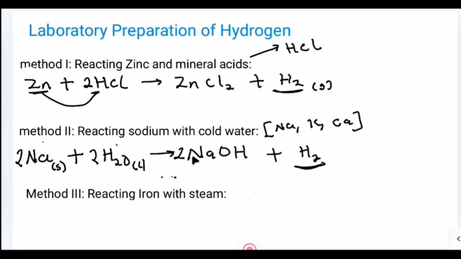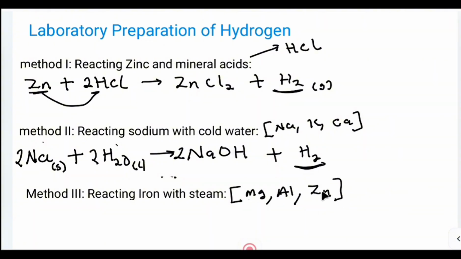The third method of preparing hydrogen in the lab is to react iron and steam. Now, aside from iron, other metals that can react with steam to produce hydrogen are magnesium, aluminum, and zinc.